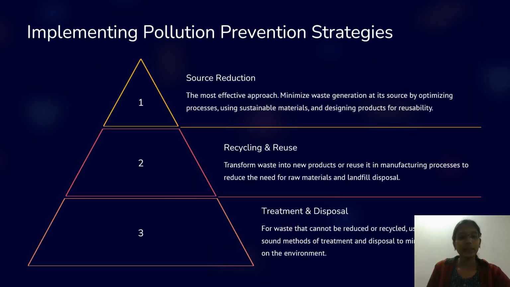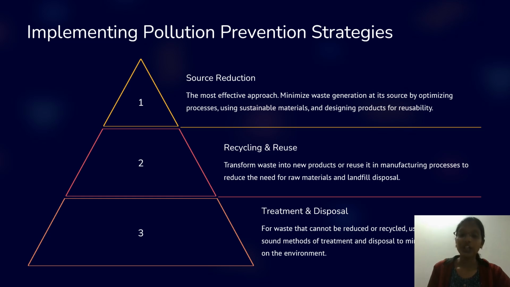Then I have implementing pollution prevention strategies. Then we have source reduction, recycling and reuse, then treatment and disposal. Source reduction. The most effective approach: minimize waste generation at its source by optimizing processes, using sustainable materials, and designing products for reusability. Then recycling and reuse.